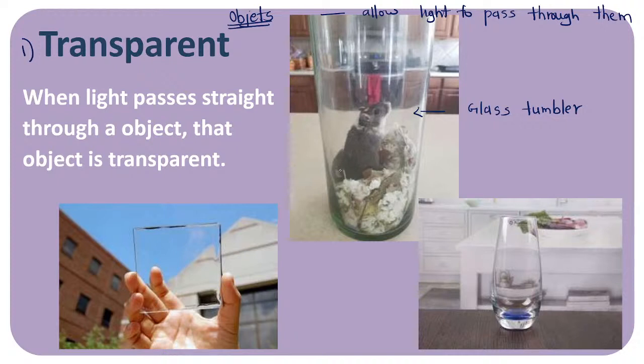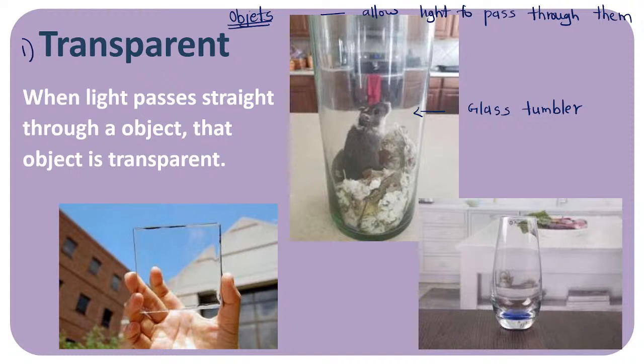What can you see inside that glass tumbler? Observe this picture very carefully and tell me. Use the chat box to give your answer. There is a small mouse. Can you see that small little mouse who is sitting inside that glass tumbler?